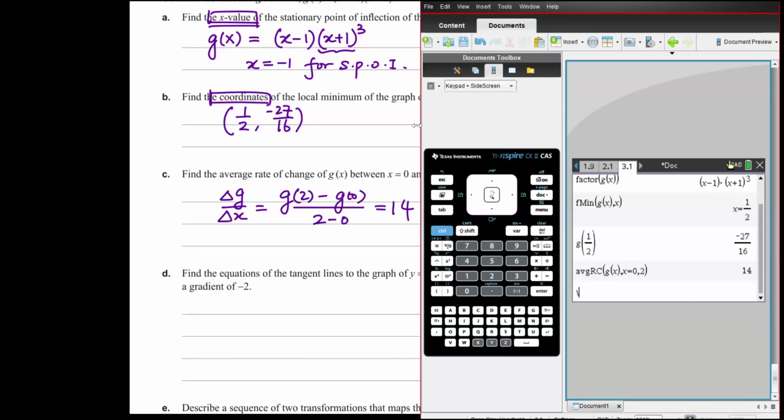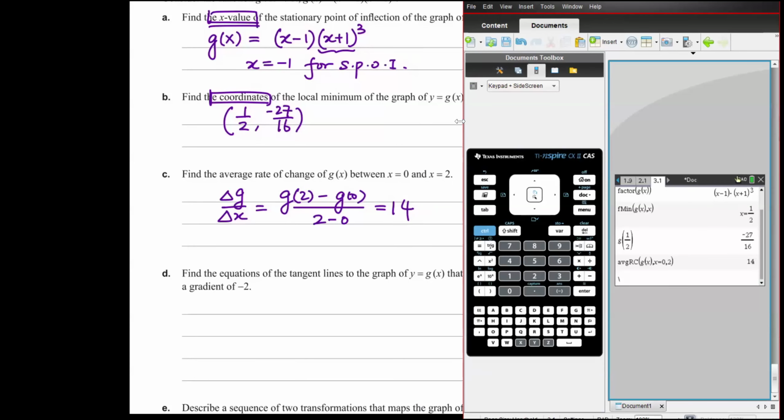So what I'm going to do is I'll just get dg(x) assigned to derivative of g(x) with respect to x, and solve dg(x) equals to minus 2 for x. You have two values. There we have y equals to tangent line of g(x), x equals to {minus 3 on 2, 0}. So you get two equations.